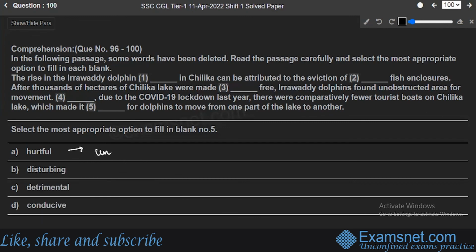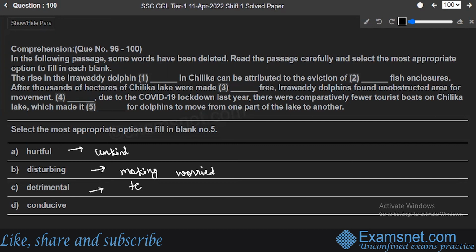Hurtful means unkind or making somebody upset, uncomfortable, or offended. Disturbing means making someone worried.